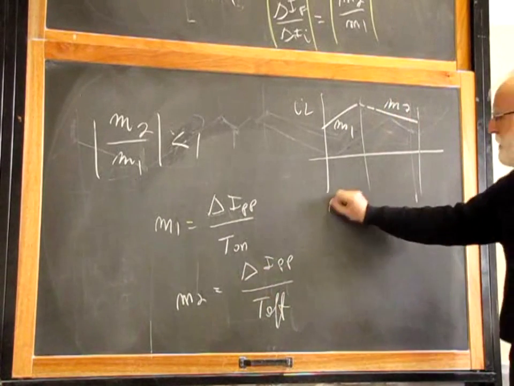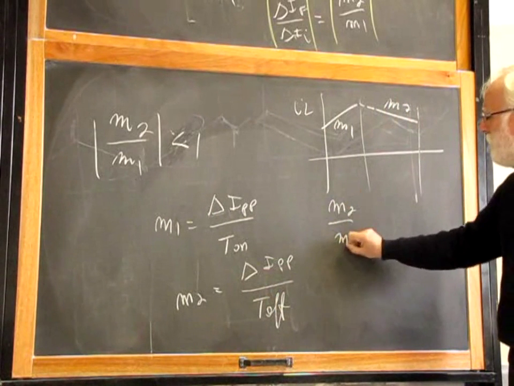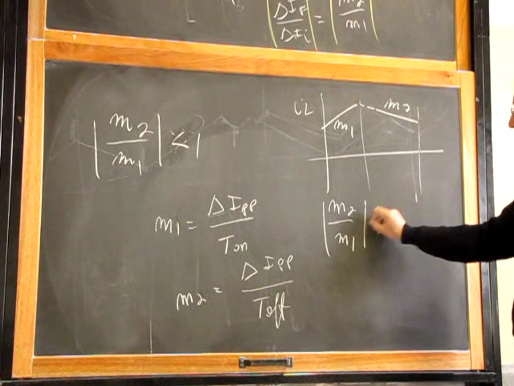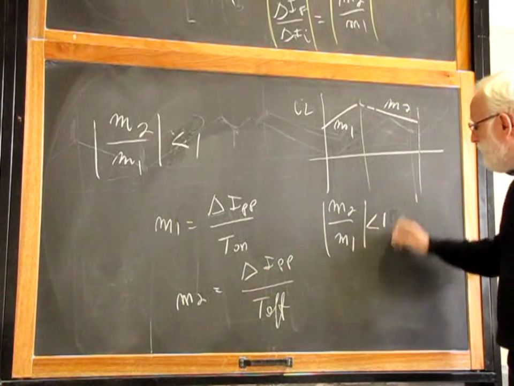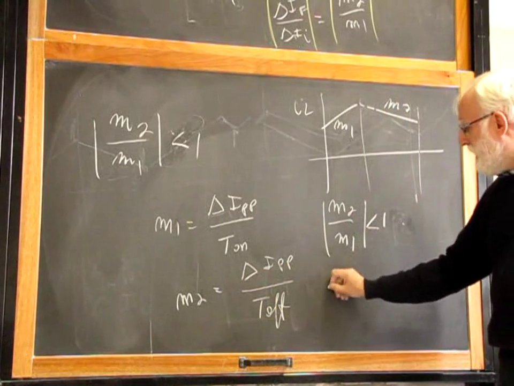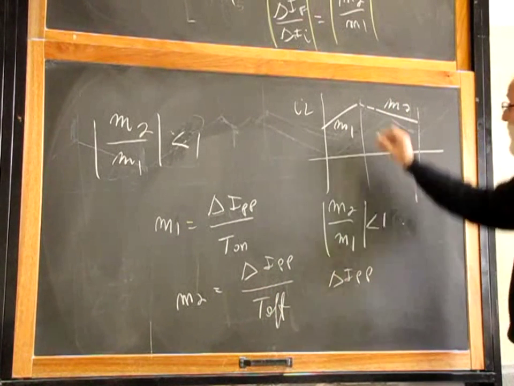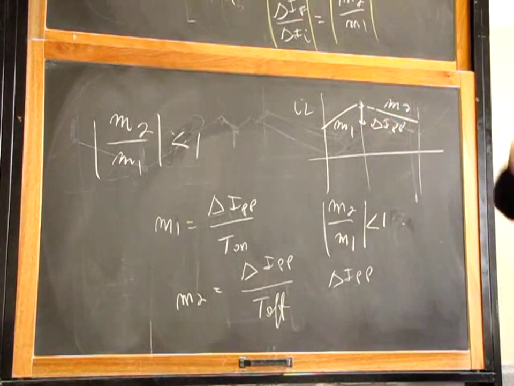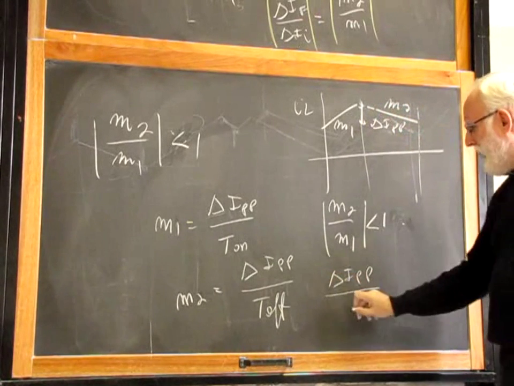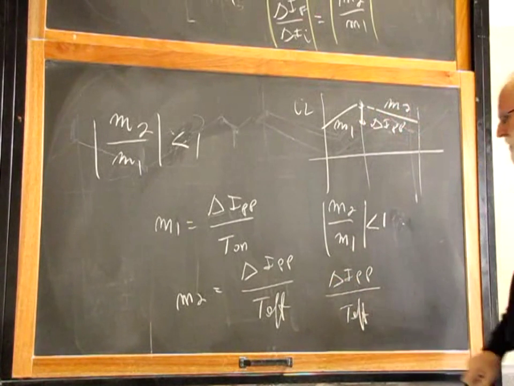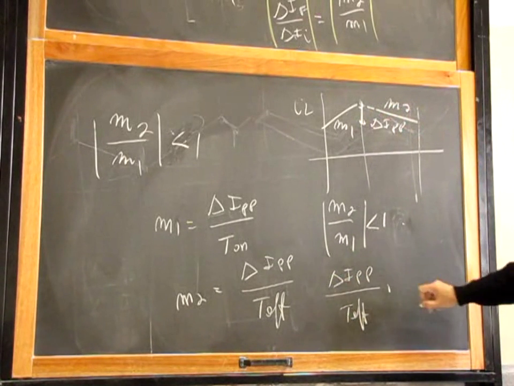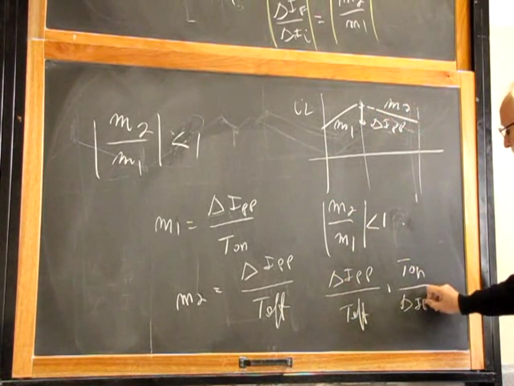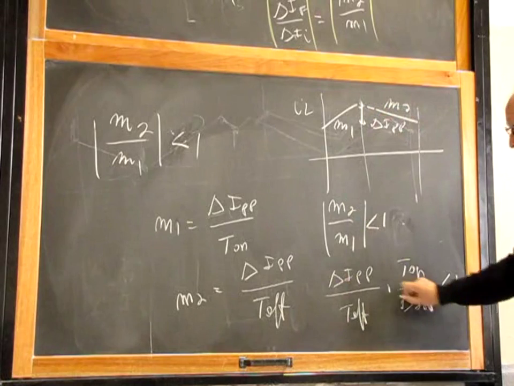And you want that M2 over M1, absolute magnitude, less than 1. M2 over M1 equals delta I peak to peak, it's not the error, it's just the normal current ripple, divided by T off, divided by delta I peak to peak divided by T on.